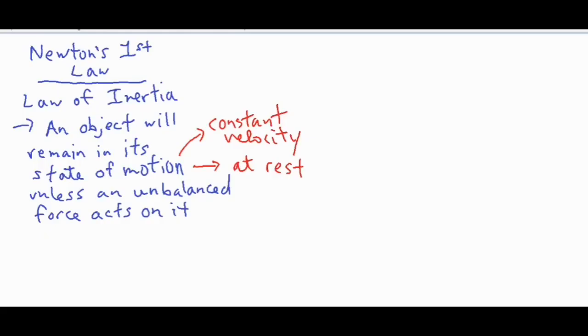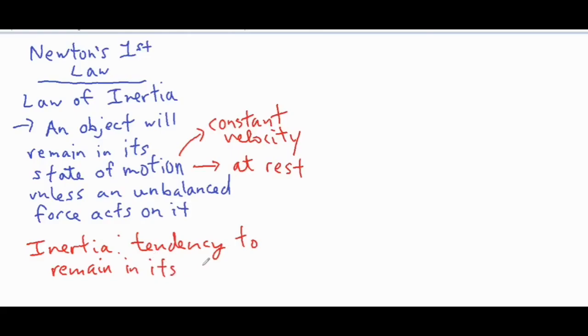Now, one thing that we want to make sure we're aware of is what inertia means. Inertia is a property of all masses that describes its tendency to remain in its state of motion.